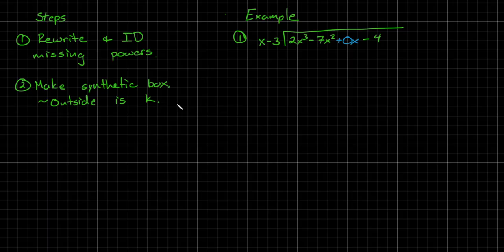What is k in this situation? So x minus k, what is written right here? x minus 3. So what's k? Just 3. Because it's already in that x minus form, we're just going to use the 3. Okay, so I'll put that in parentheses here. Outside the synthetic box, we're going to put a 3 in this case, because it's x minus 3.